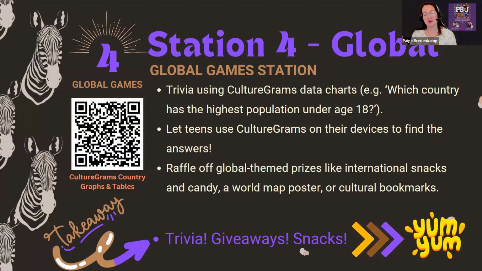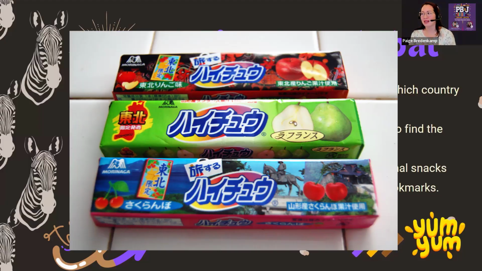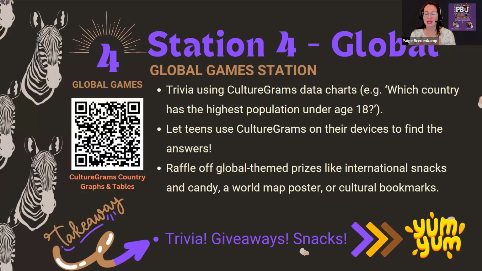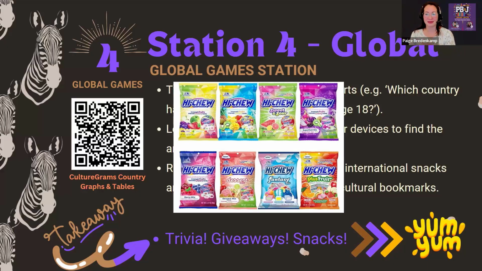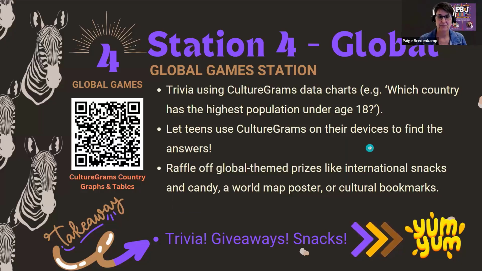They're originally from Japan, and they're free from most allergens because it's just a soft, chewy candy. So they don't have gluten, and they don't have nuts in it, which is one of the biggest allergens. So just a little plug for Hi-Chews. My kids love them. I love them. And they're yummy. And they come in a lot of fun different flavors too. And you can get them at Walmart.